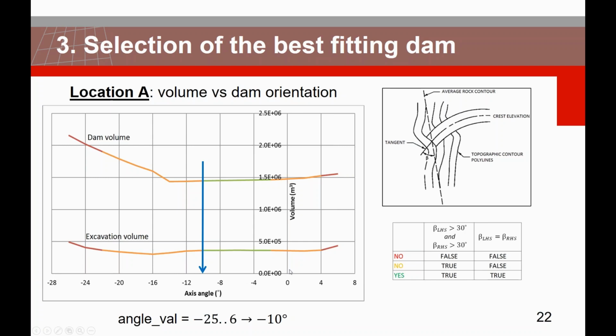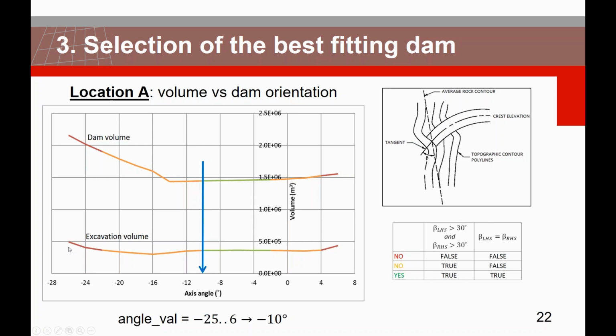First of all, the horizontal axis refers to the axis angle, or how much rotated is the dam around the crown cantilever section. While at the same time, the vertical axis is the volume of the concrete of the dam or the excavation volume. And pay attention, because right now we're talking about some millions of cubic meters of concrete.